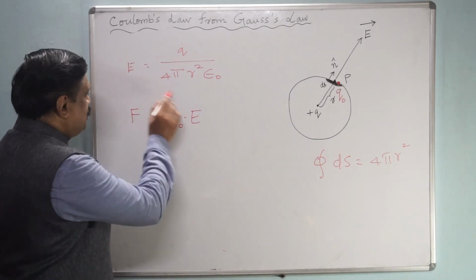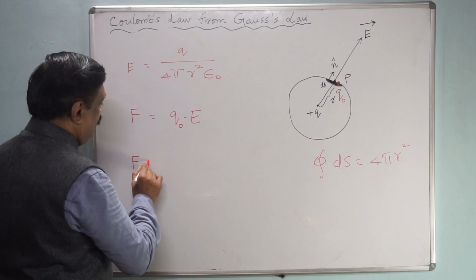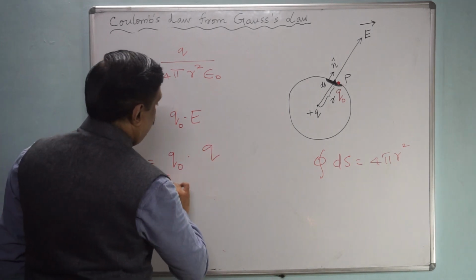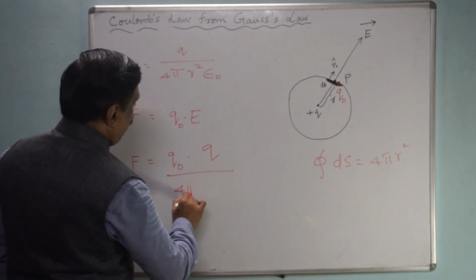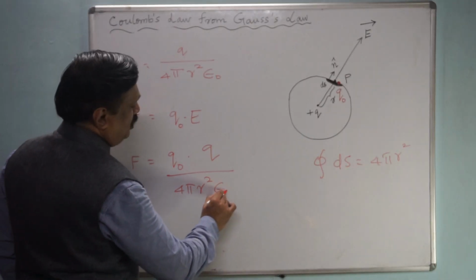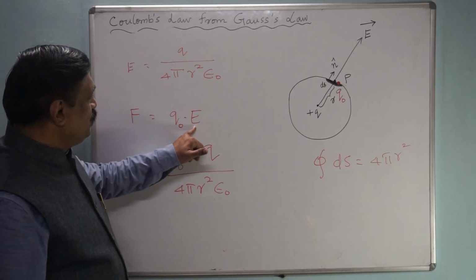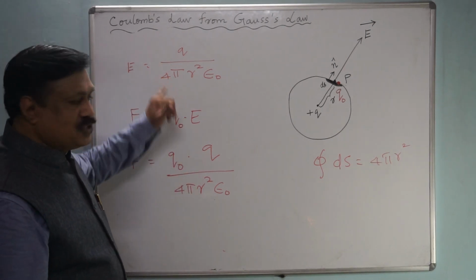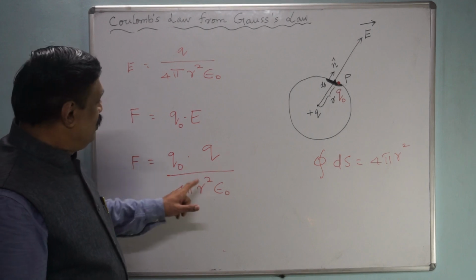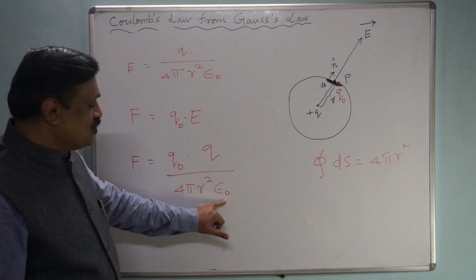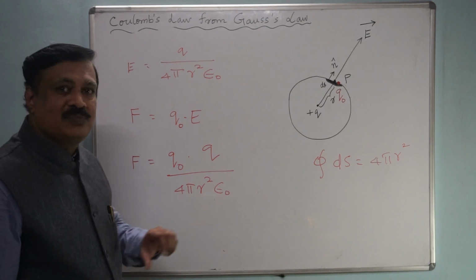Now you substitute this E value, therefore F equals Q0 Q divided by 4 pi epsilon 0 R squared. That means you have substituted E from this equation, and that is Coulomb's law.